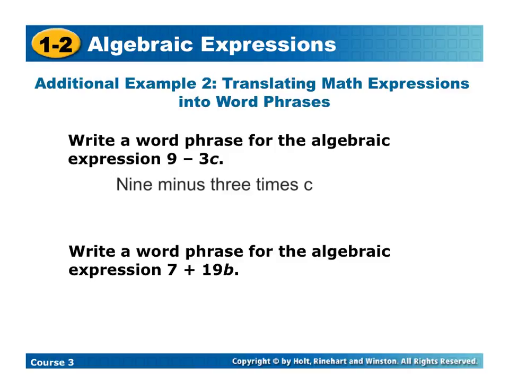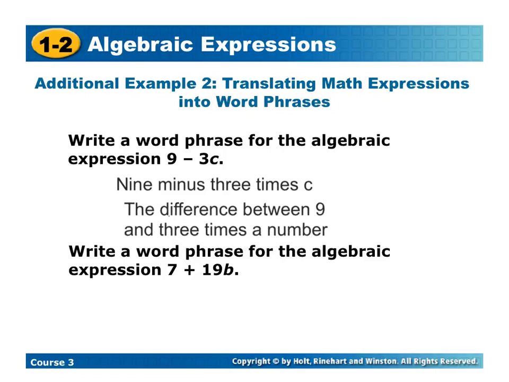But another way we could do that is we could actually write something along the lines of the difference between 9 and 3 times a number. So multiple ways that you can say the same thing.